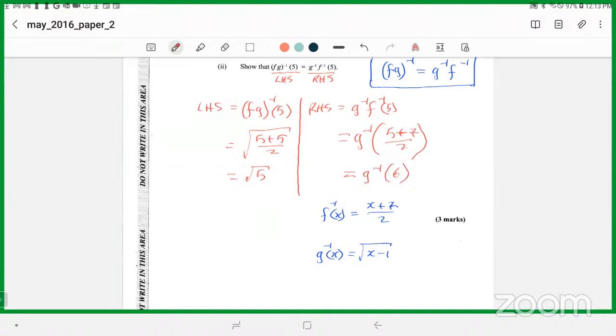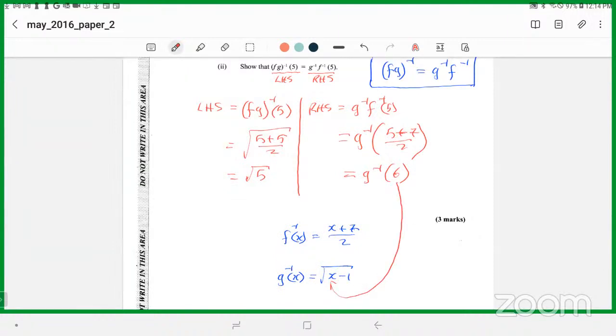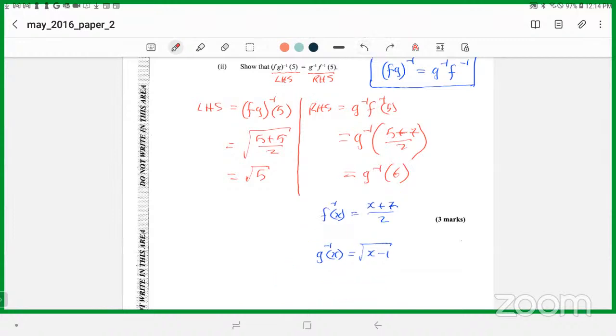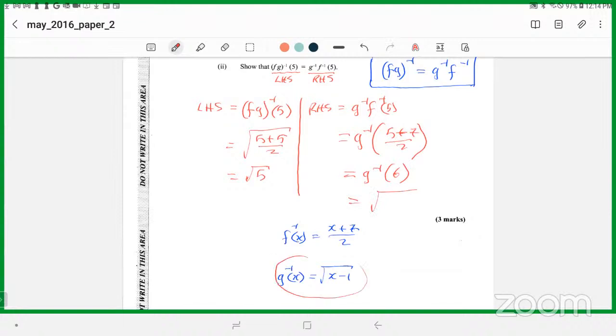Then how do we get g to the minus 1 of 6 now? We get it by putting the 6 in the g to the minus 1 function here. And so it's going to become the square root, putting a 6 for the x, so we get the square root of 6 minus 1.